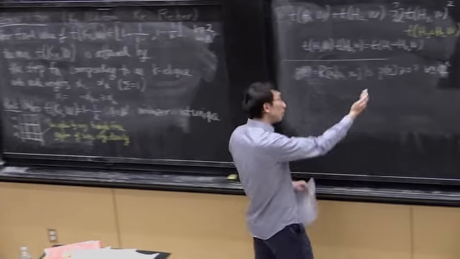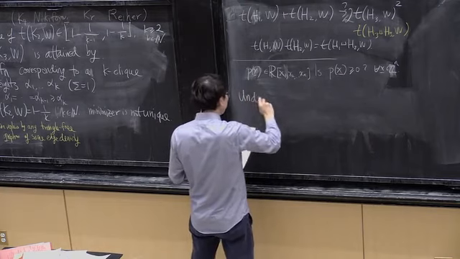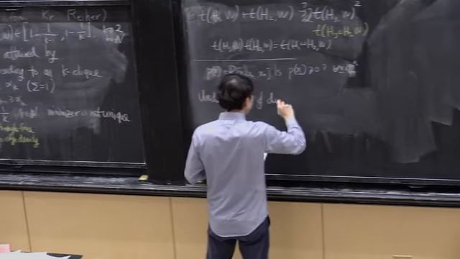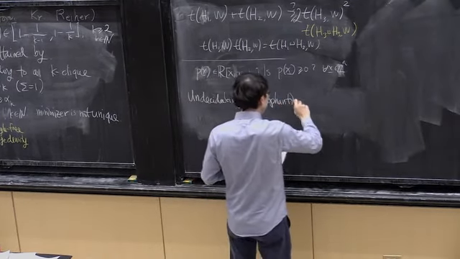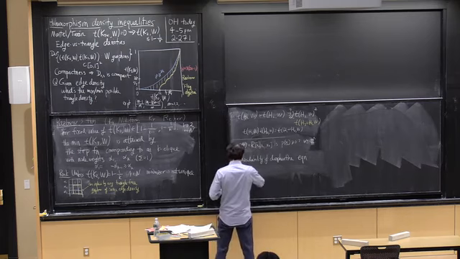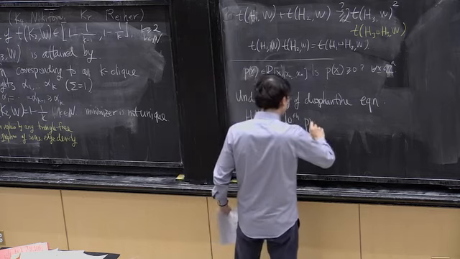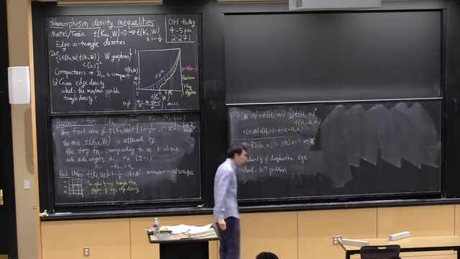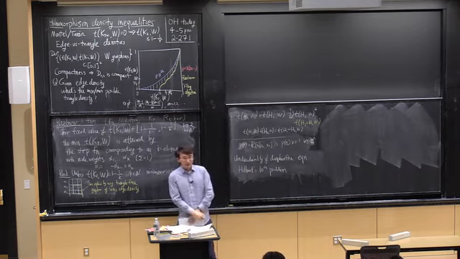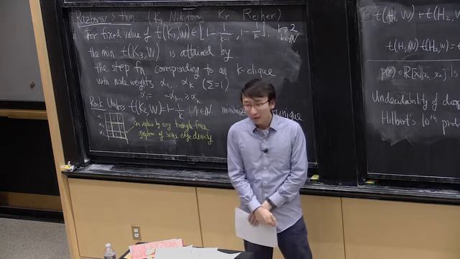And this is more or less the same as the undecidability of Diophantine equations, which is also known as Hilbert's 10th problem. There's no computer program where we give you a Diophantine equation and it solves the equation, or even tells you whether the equation has a solution.